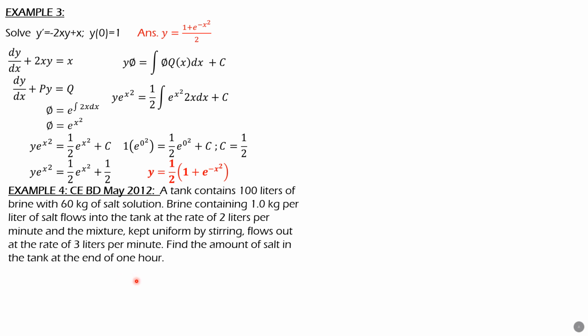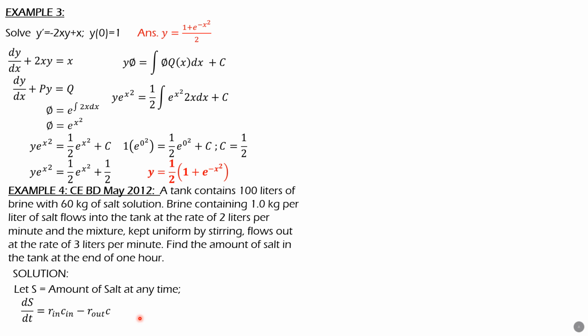So that is the rate of change of salt with respect to time. Let S be the amount of salt at any time. And therefore, the rate of change of the amount of salt at any time is equal to rate in concentration in minus rate out concentration out.